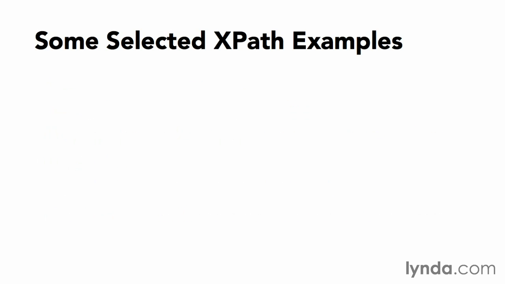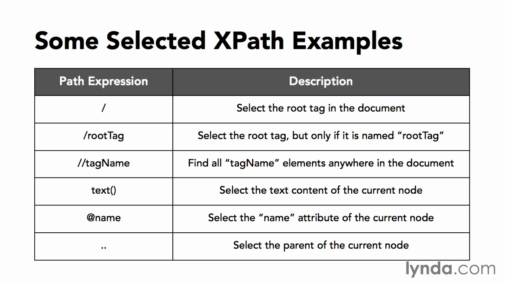All right, let's take a look at some XPath examples, and then we'll take XPath for a spin. Let's take a look at some simple examples. At the very top, you see the /. That path expression simply says, select the root tag in the document. The next example, /roottag, also selects the root tag, but only if it happens to be named, in this example, roottag.